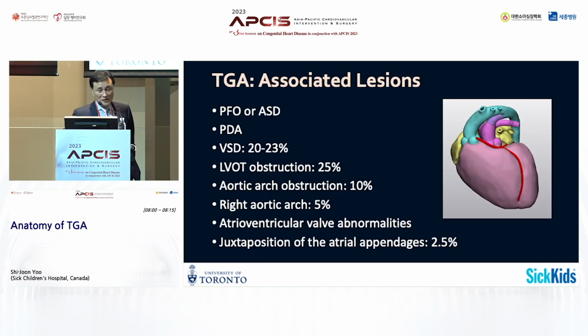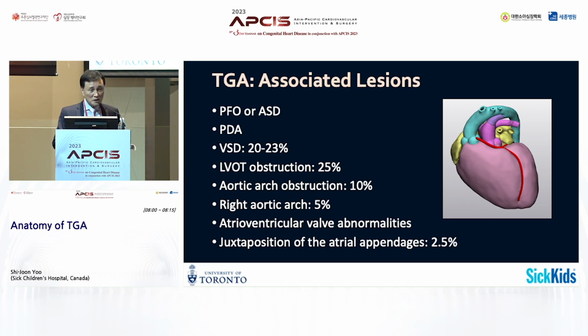Okay? Associated abnormalities: PFO or ASD in the newborn, we always need to have, although it can be small. And PDA is usually open, although you need the prostaglandin to open it. The VSD is seen in 20 to 23%, left ventricular outflow tract obstruction 25%, aortic arch obstruction in 10%, right aortic arch 5%.